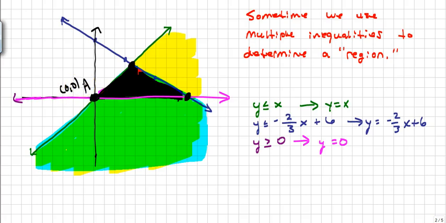And then for point B, let's label that B, you would use the blue line and the green line. So you would use these two, and you would solve, and you would figure out what that point is. And then for point C, you would use the purple and the blue. So for this one and this one, that's C, and you would use a system of equations to find out where those two lines intersect.